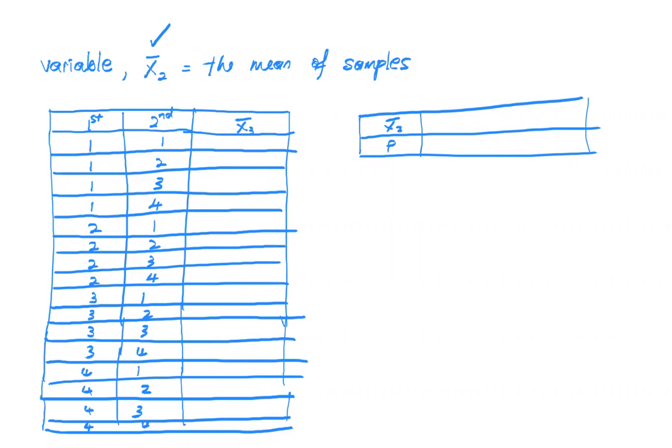The first one, the mean is 1. The second one, the mean is 1.5. The third one, the mean is 2.